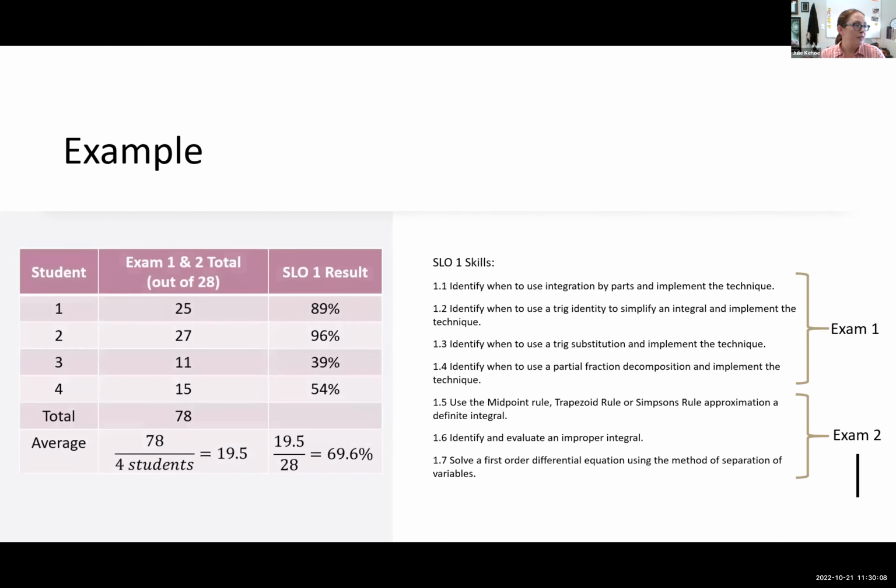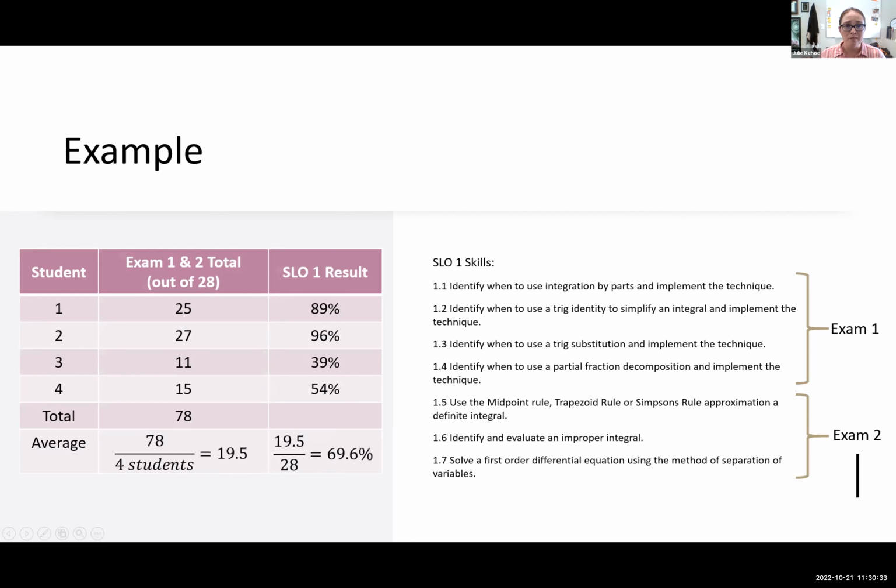And then I can just add their scores up for those 2 exams. And if I'm doing this at a student level, I can just divide their score by the total possible. And I've got how they did on that outcome. Very quick calculation. And if I wanted to look at an overall for all the students in the class, I can just add those up and divide by the points possible as well.